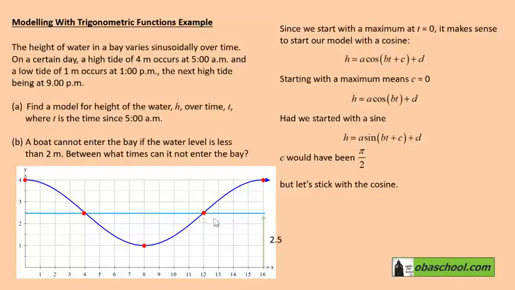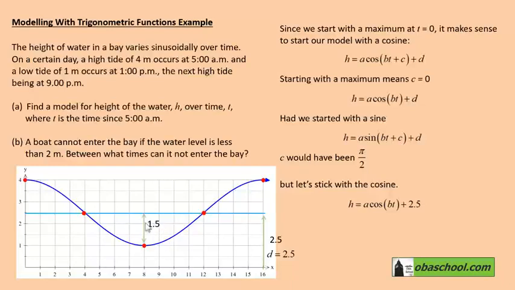We can see that the midline for the graph is at 2.5. The midline is normally on the axis, and therefore that means that d is 2.5. So we now have h is a cos bt plus 2.5.